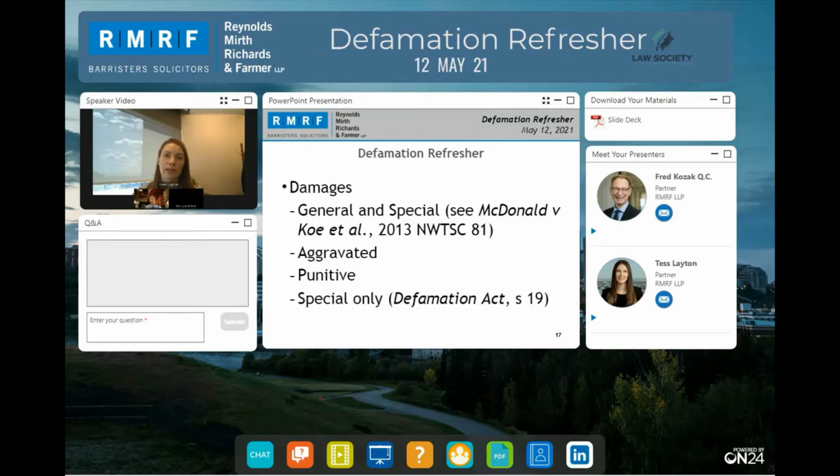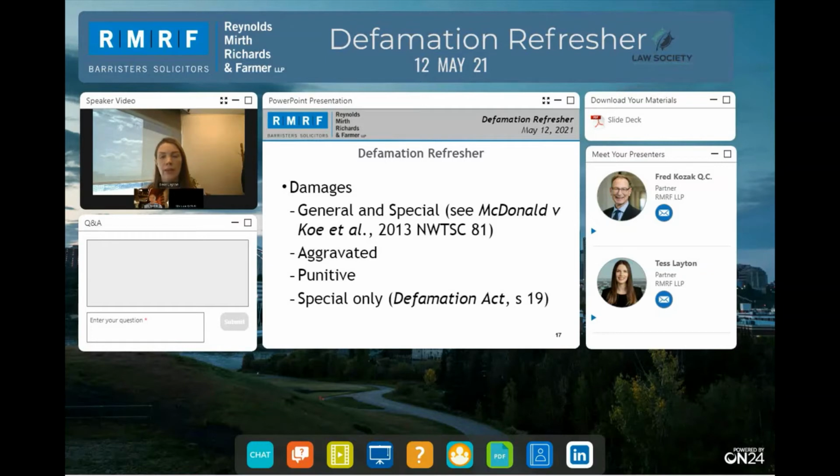Number 3, the mode and extent of the publication. Number 4, the absence or refusal to retract or apologize. Number 5, the conduct of the defendant, and that includes conduct in the litigation, and as Fred mentioned, conduct in pleadings and in discovery. And number 6, the evidence in aggravation or mitigation of damages after the defamatory statements were made and through the course of litigation.